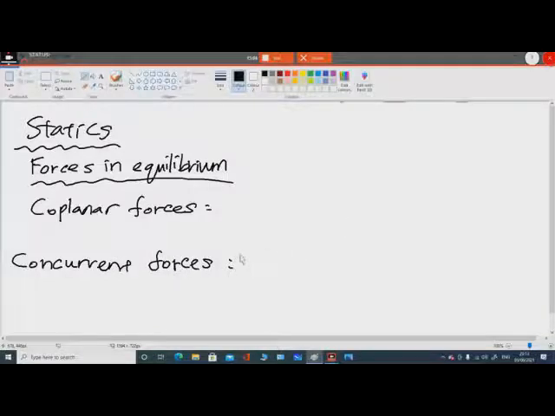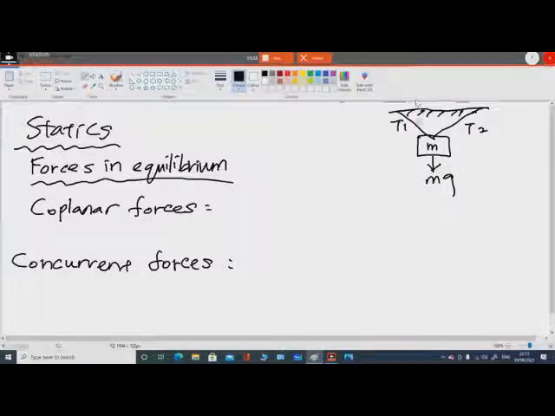So let's say I have a mass M. This mass M is tied to a ceiling by two strings. So these strings will give us tension 1 and tension 2, and this one is the weight of the object.